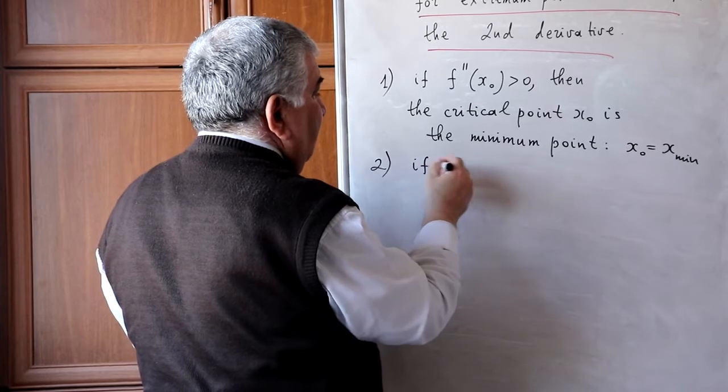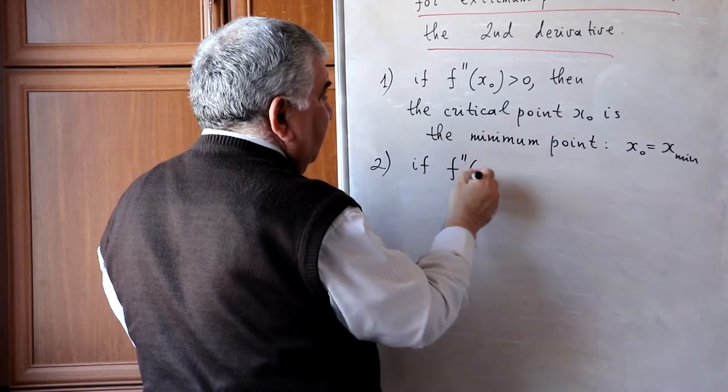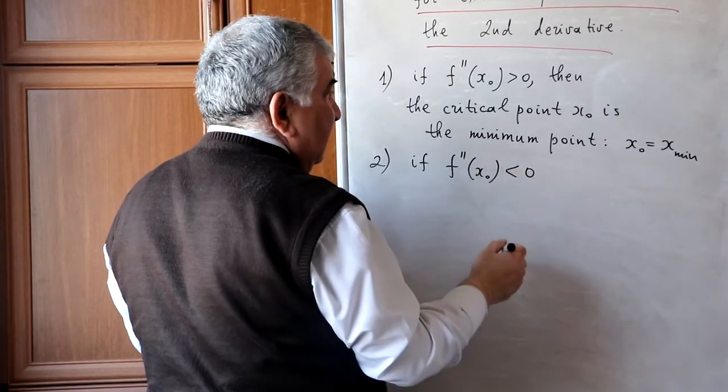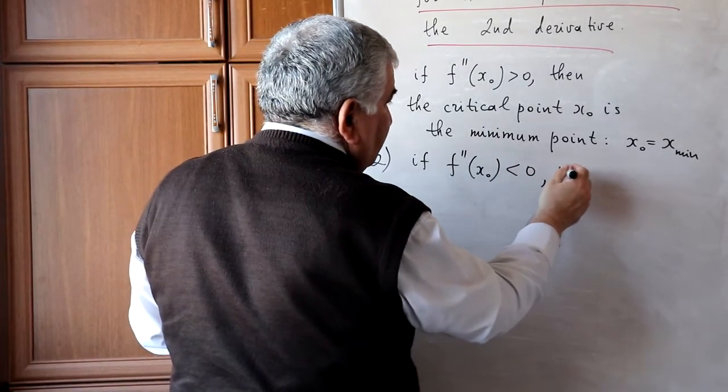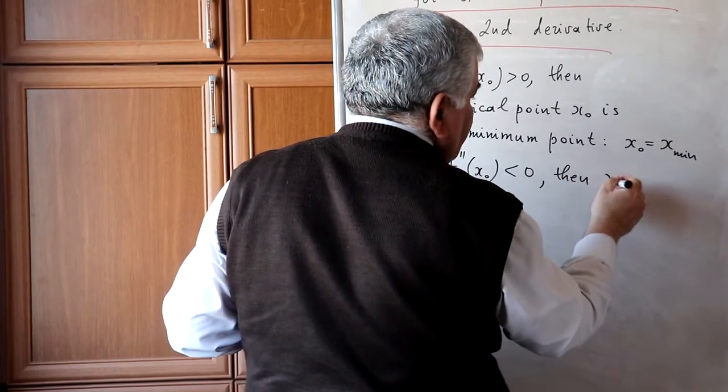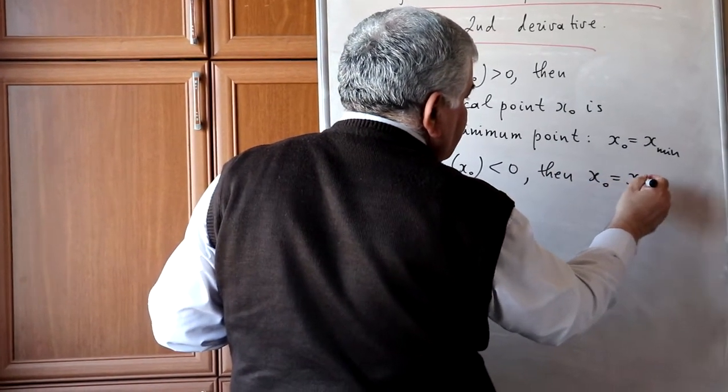If f double prime at x sub 0 is negative, less than 0, then x sub 0 is the maximum point, x sub max.